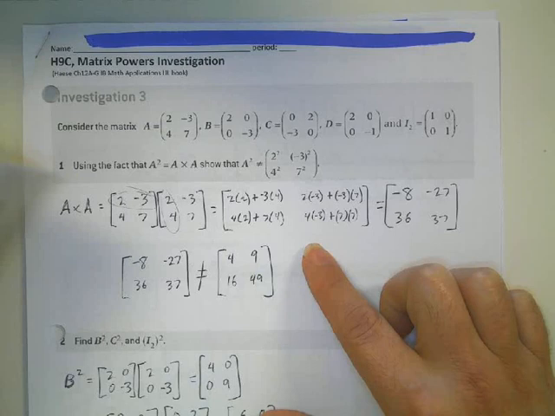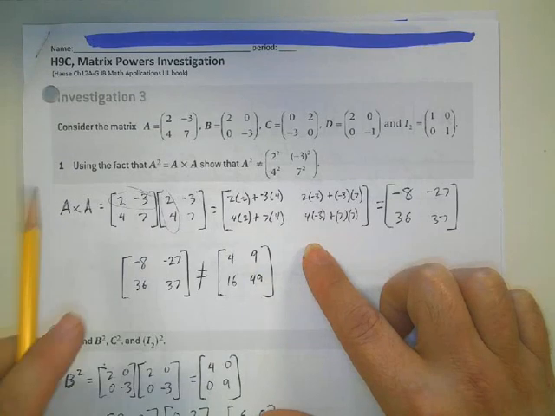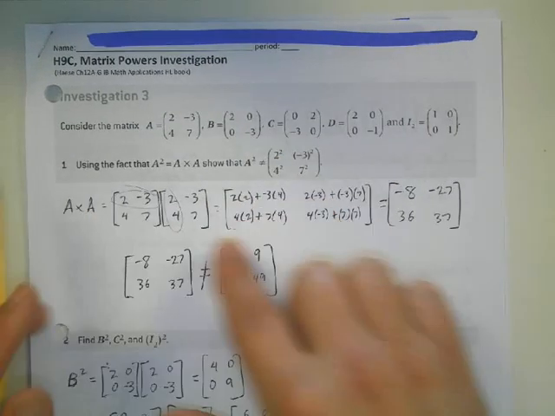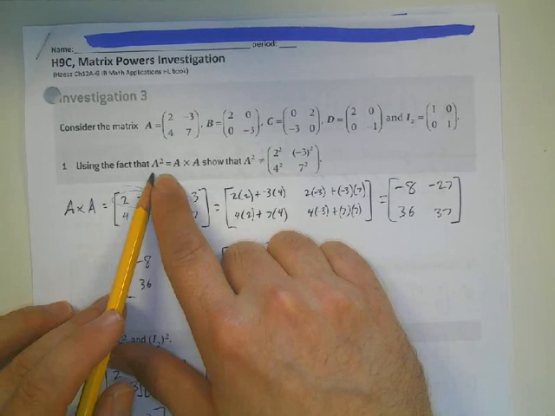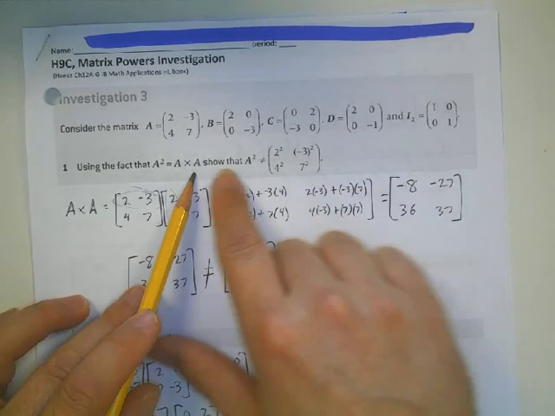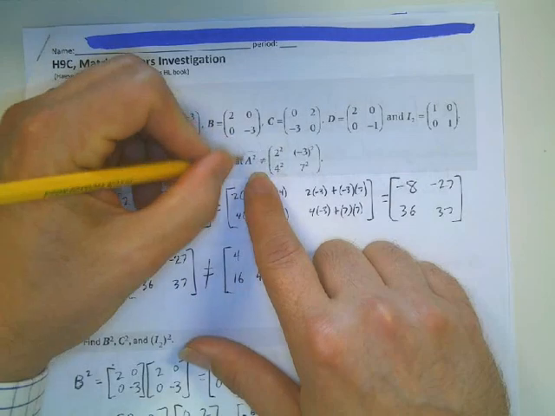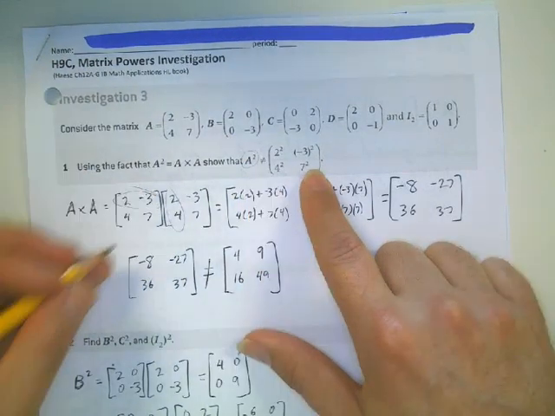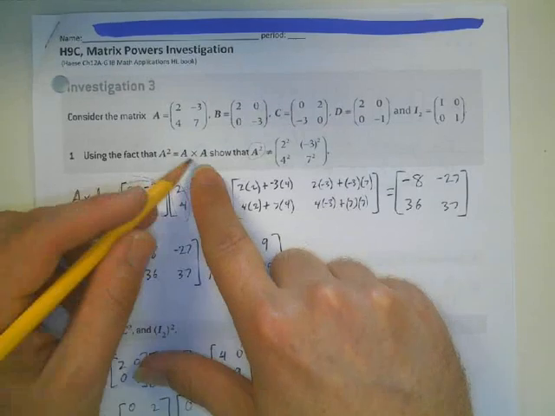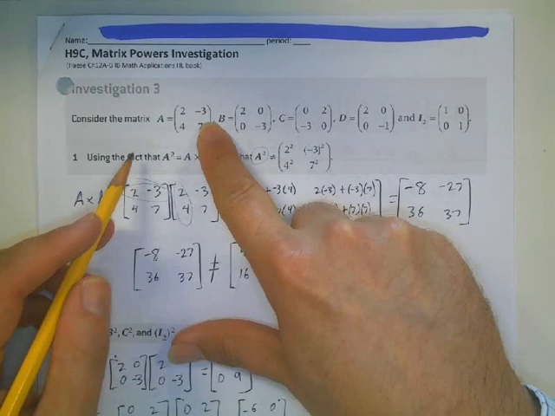Okay, so first question, they give you these matrices. Using the fact that A squared is A times A, show that matrix A squared is not equal to the matrix of squared entries. So A times A: here's matrix A, 2, negative 3, 4, 7, and I've just written it twice.